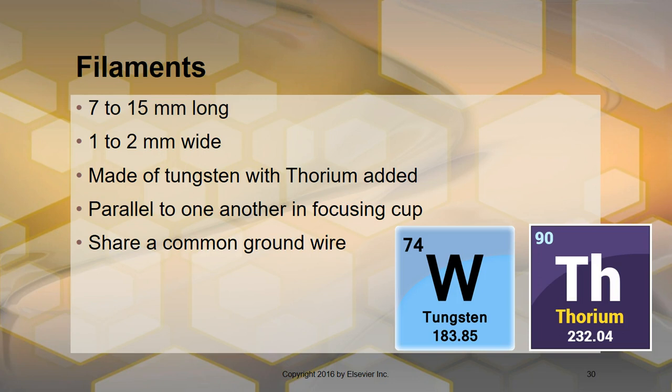Again, it's because of the high melting point. Thorium is actually radioactive, and it is added to increase thermionic emission, which we'll talk about again later. The radioactivity is not enough to be concerned with, and it's inside that metal tube housing, which has lead lining in it too. So you're not going to get radiated from the thorium coming out of these filaments.